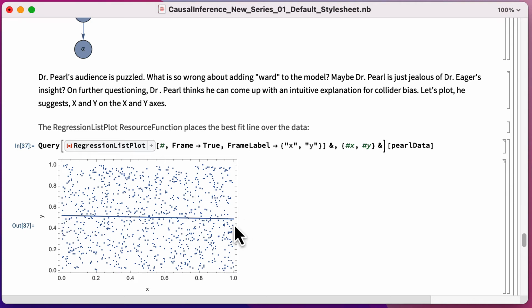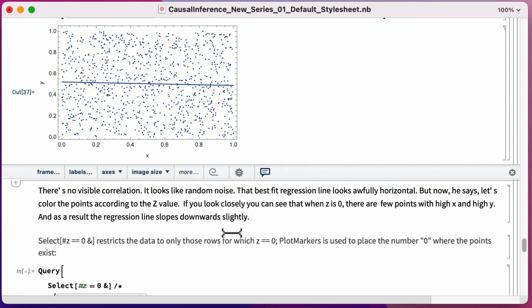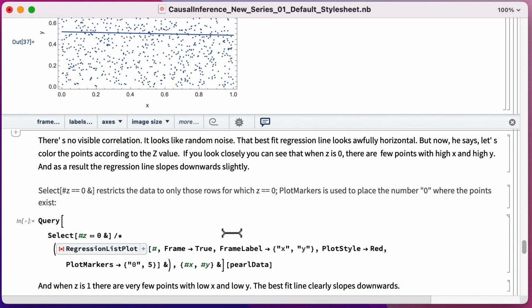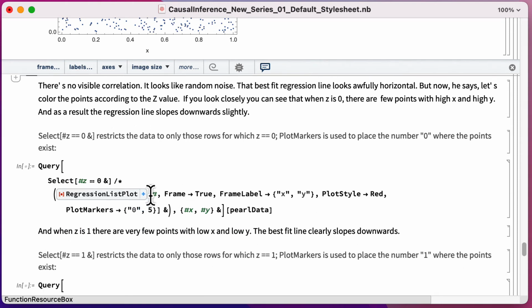There's the best fit, and that looks pretty darn flat. Yeah, there's a tiny downward slope, but it's really pretty darn flat. But now, let's color the points according to the z value. So that's what I'm doing here.